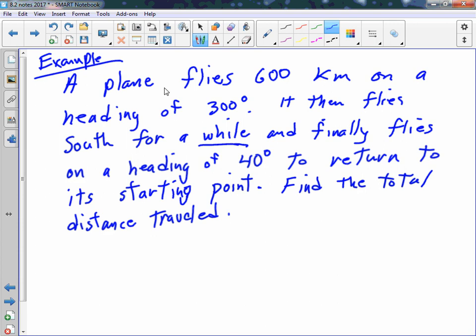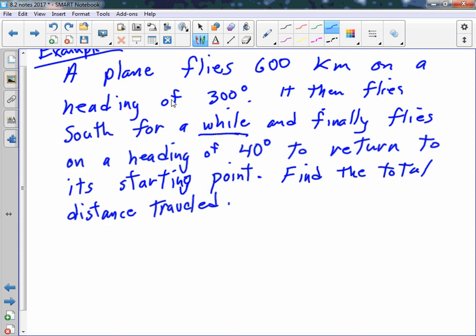Well, let's start out with a cool drawing. So 600 kilometers. So let's say we start in Monmouth. And it says a heading of 300 degrees. Oh, I see already. I'm going to have to change that because 300 degrees is in quadrant 2.